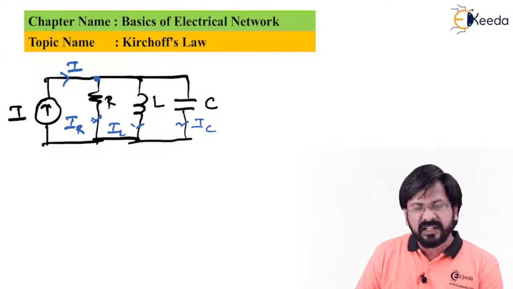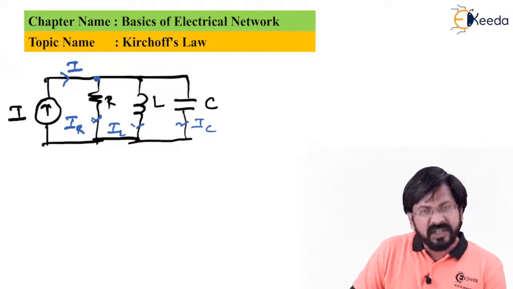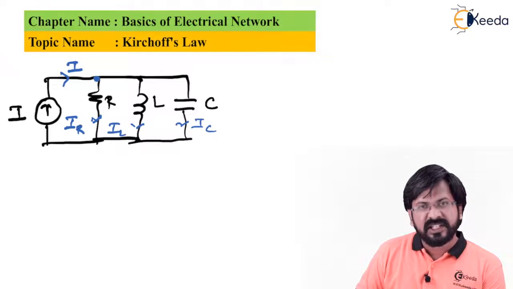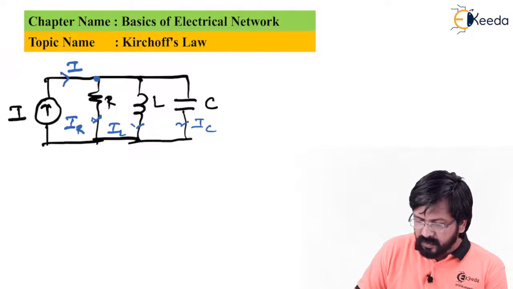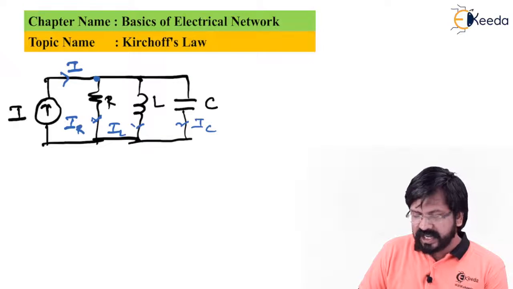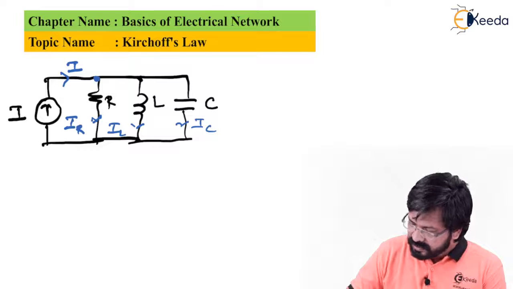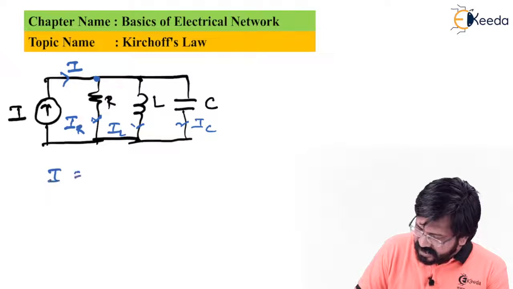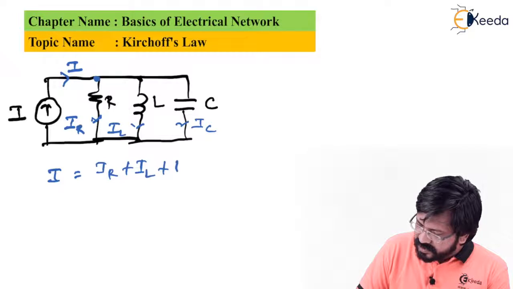So by KCL, can I say that the summation of incoming currents is equal to the summation of outgoing currents? The summation of incoming current is only one current, which is I, and the outgoing currents are IR, IL and IC. So I can write I is equal to IR plus IL plus IC.